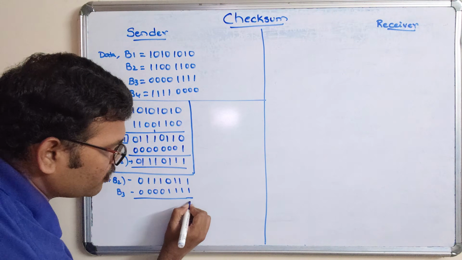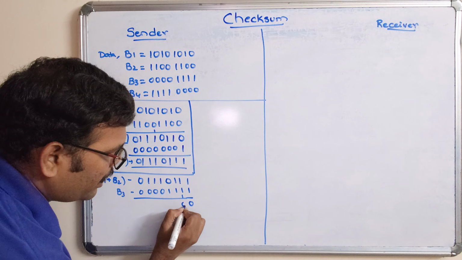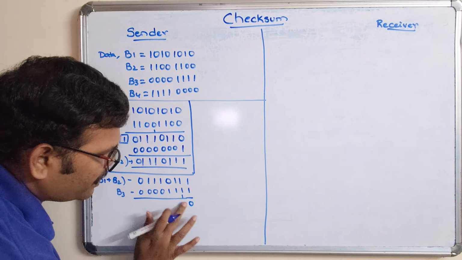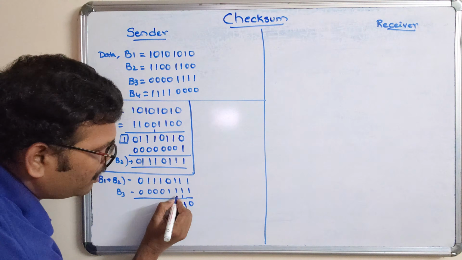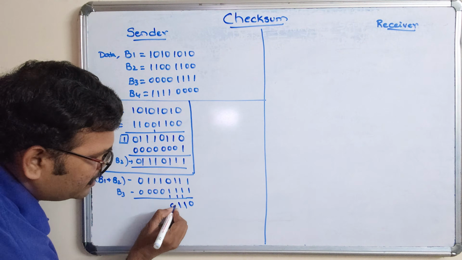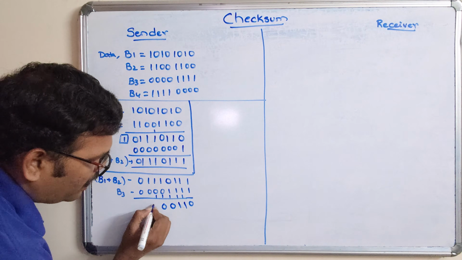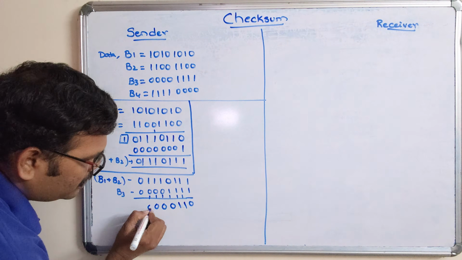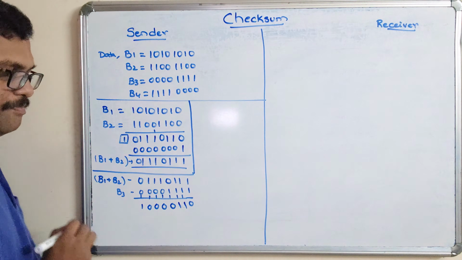Ones complement arithmetic. So it will be 0 and 1, and again what happens here? 1 and 1 and 1 and 1, and here again 0 and 1, 0 and 1, 0 and 1, 0 and 1, and here it is 1.